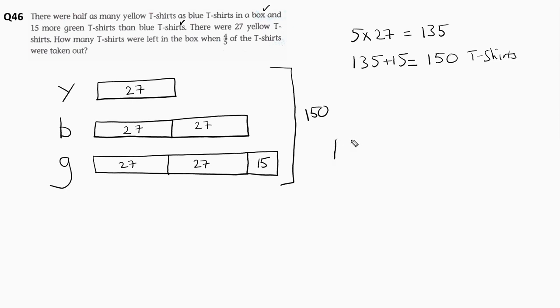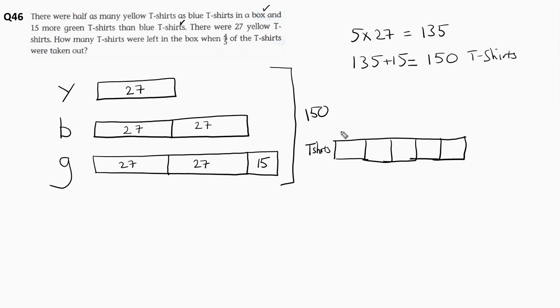So we're going to draw a bar that represents all of the t-shirts, and that's 1, and we'll divide it into fifths. So 2, 3, 4, and 5. Okay, so this bar, right, this is all of the t-shirts, of all the colors.